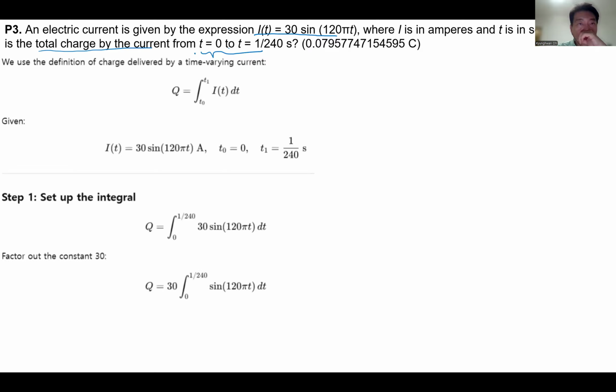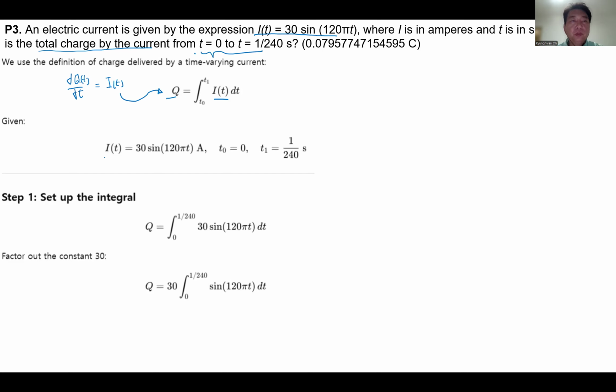So in order to solve this, we have to think about how the charge and the current are related. So we have dq over dt. And then from this, we can get q is given by this one.